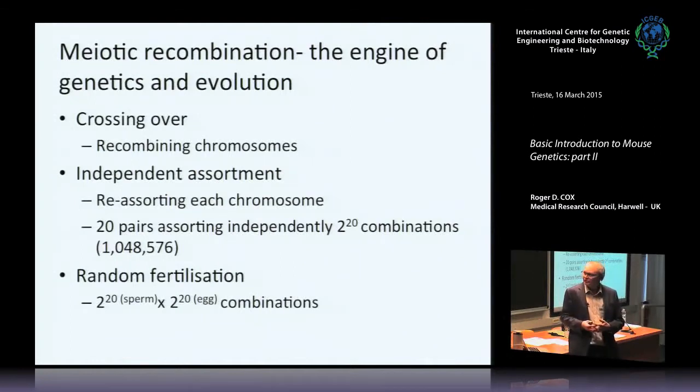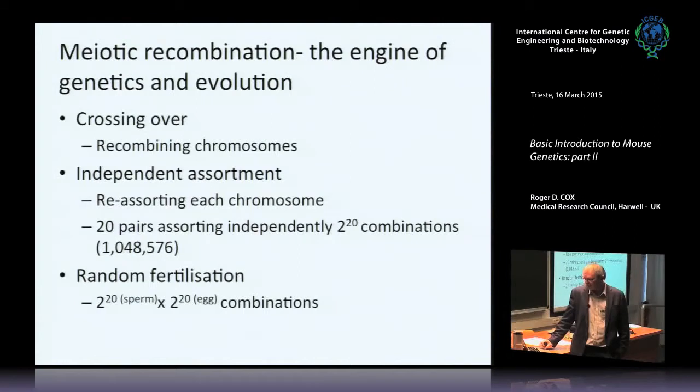So not only do we get the recombination, we get the independent assortment of alleles, we can generate individuals with quite a lot of variation. If the polymorphism is there in the first place, the potential is to generate large numbers of different permutations of those polymorphisms on which evolution can act.